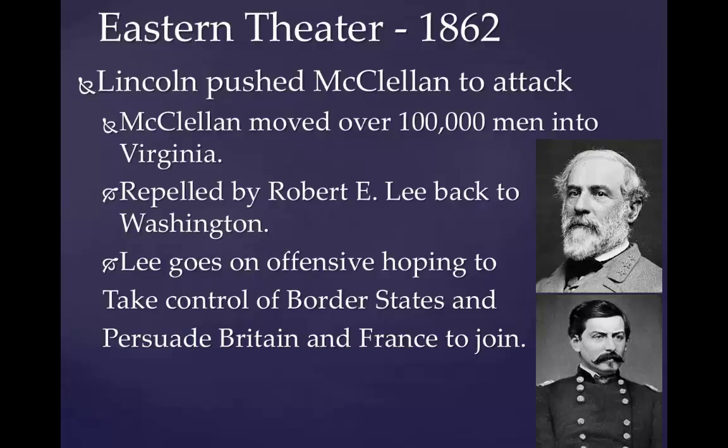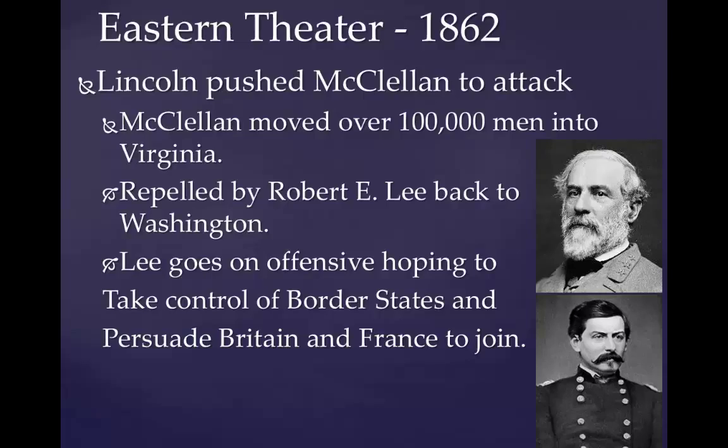He hopes that by taking control of the border states, remember the border states are the states that remained in the Union who still actually had slavery, he might be able to get them on board with fighting for the Confederacy. It might also persuade Britain and France to join the war and help the Confederacy.